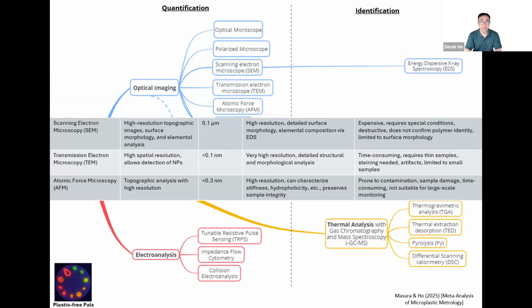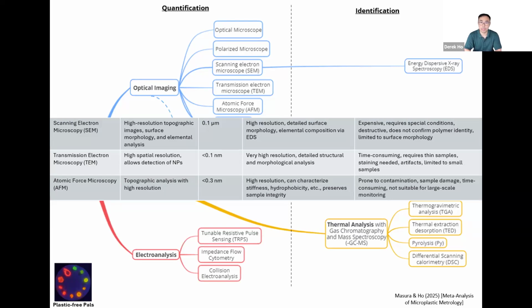Next, we have the higher powered microscopes: the scanning electron microscope, the transmission electron microscope, and the atomic force microscope. All these are very expensive tools, but they give us high resolution, detailed surface texture morphologies, allowing us to see what happens on the surface. These methods are great for high magnification analysis.